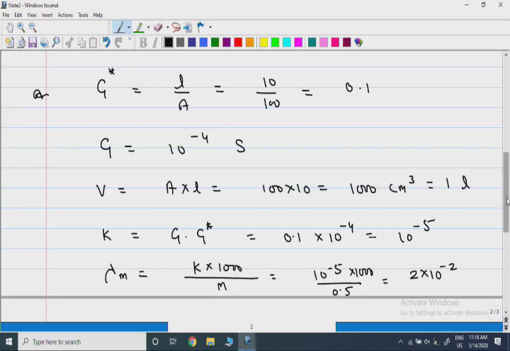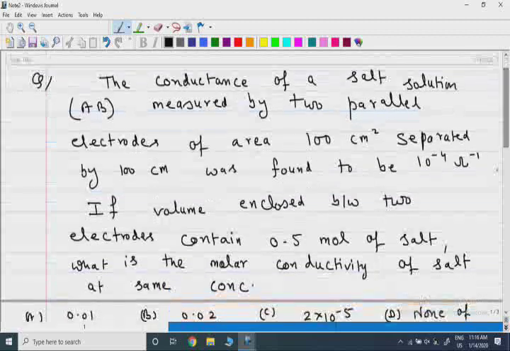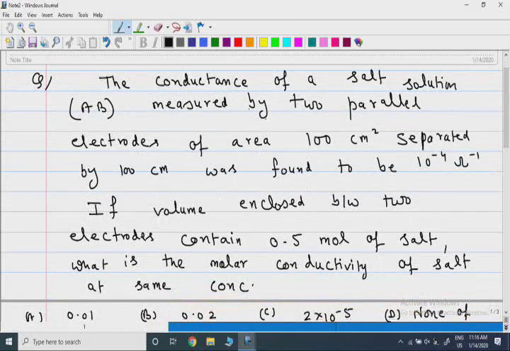This is given in the question, na? Oh, one second. This is not 100 centimeter, guys. This is 10 centimeter. By mistake, it is written as 100 centimeter. That is 10 centimeter. If we use 100 centimeter, then the answer will change. Please correct it in the question.